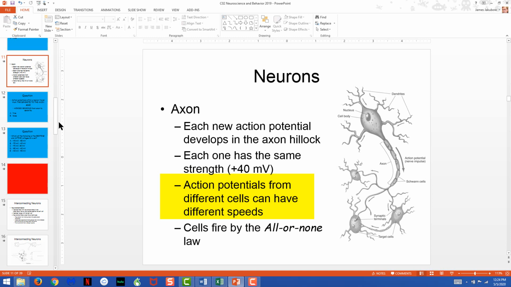So back in the 1850s, when Helmholtz was evaluating how quickly electricity traveled through the nervous system, he did not realize that he was accumulating the speeds of a variety of different cells together and estimating an average of about 90 feet per second.